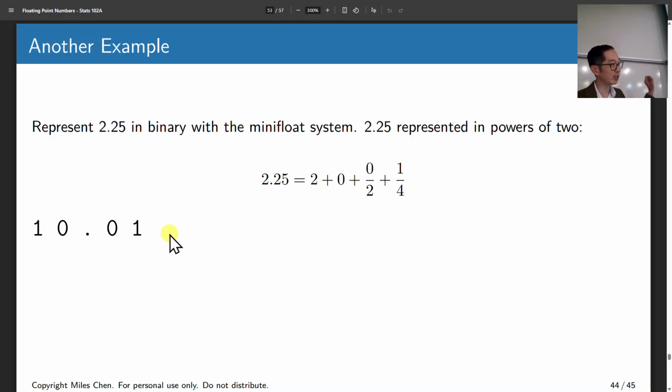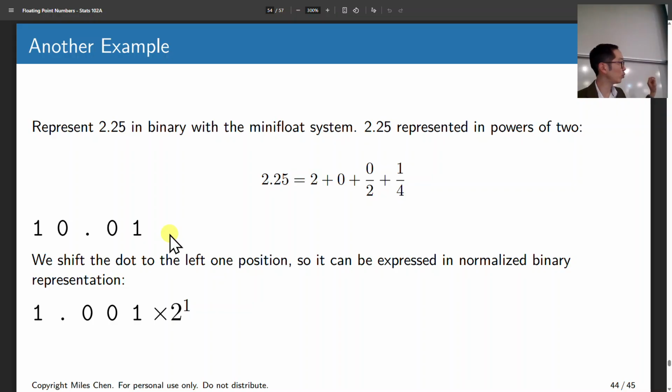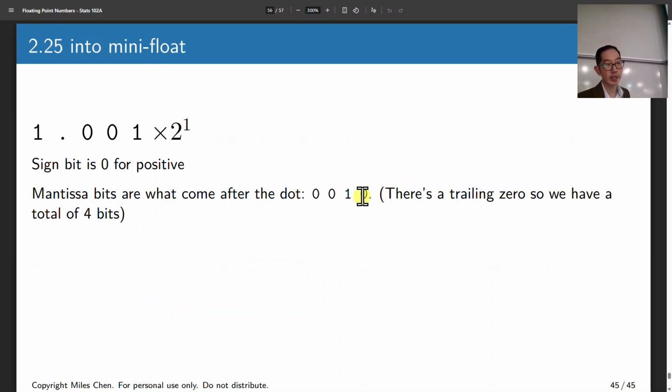I roll that binary point over 1, so I'm going to get 1.001, multiplied by 2 to the 1 because I moved it over 1 spot. So the mantissa is going to be 001, and then I'll put in a trailing 0 because I have 4 spots for the mantissa. So the mantissa bits will be 0010.